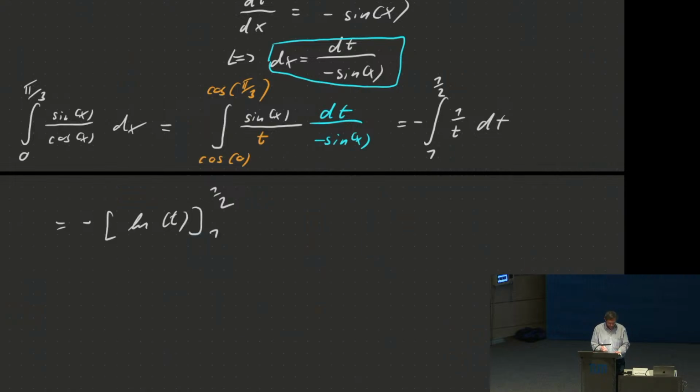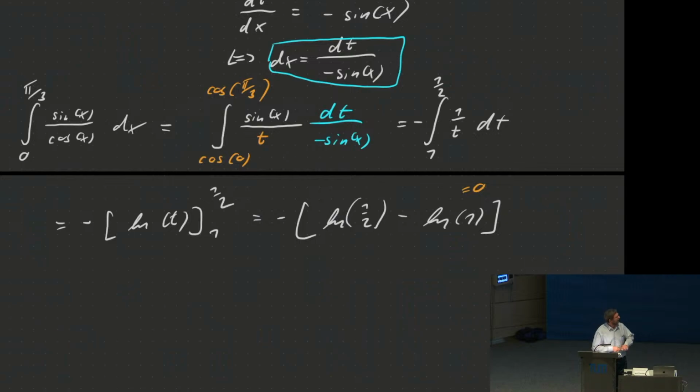At this point, all that's left is to evaluate the result. We substitute the upper bound, ln of 1 over 2, minus the lower bound, ln of 1. Now, ln of 1 is 0.